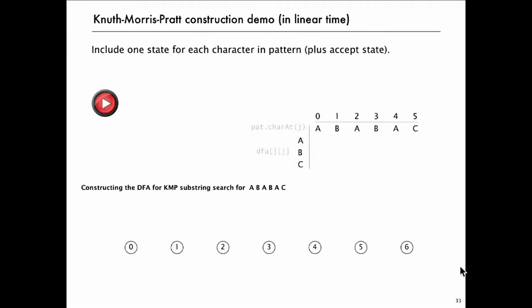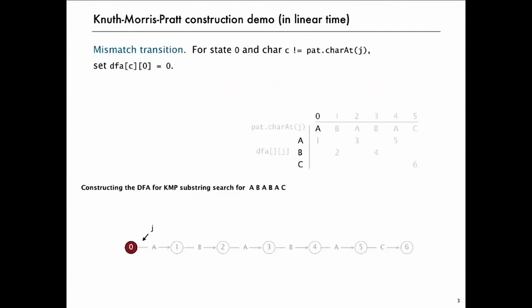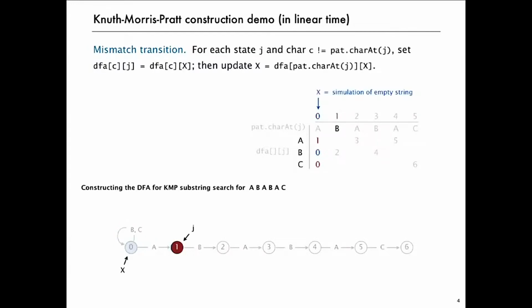Let's take a look at a demo that does the full construction for the KMP DFA. So here goes. Again, one state for every character plus an except. Match transitions are easy. We build those. And we're going to start at position 0. And the mismatch transitions are easy.